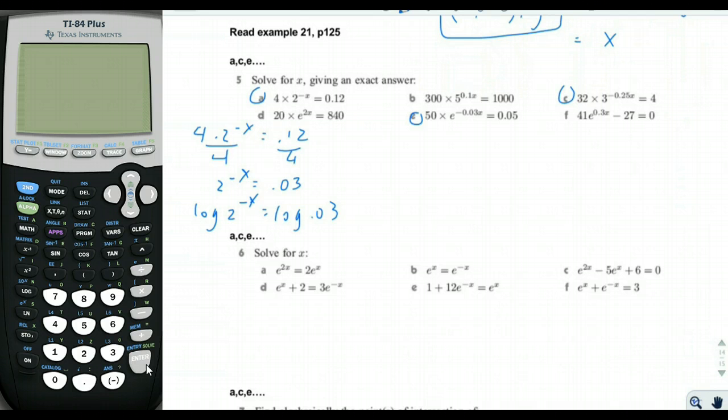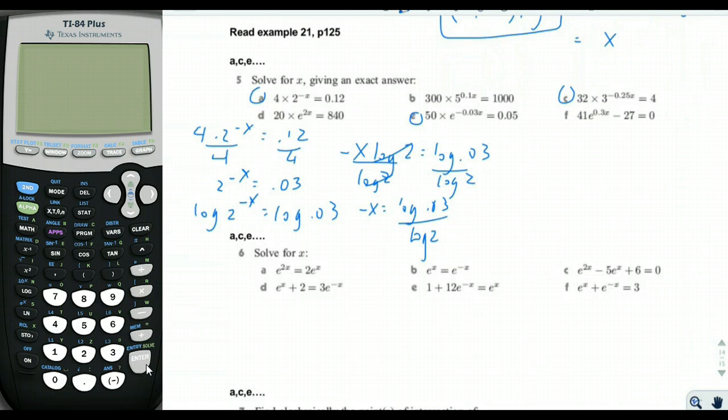And then log of 2 to the negative x is the same thing as negative x log of 2 is equal to the log of 0.03, which is you divide both sides by log of 2, and then you end up with negative x is equal to the log of 0.03 divided by the log of 2, which is the same thing as, and so you could just take the negative of both sides, right? So you have positive x is equal to negative log of 0.03 over log of 2.